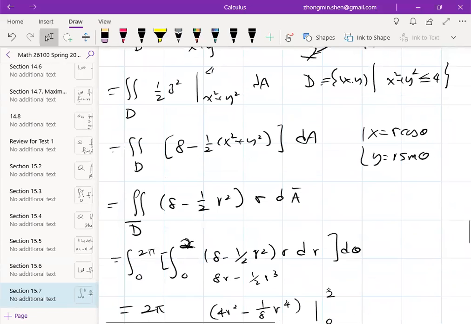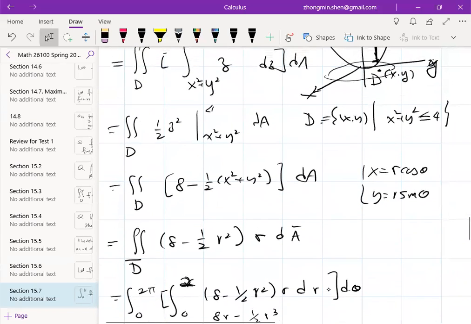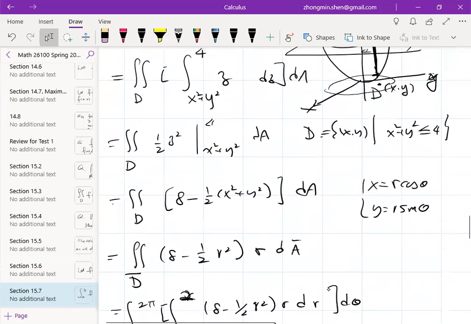I saw the mistake. All right. When I put, because z is between x squared plus y squared, and to the right, I should put a square here. Okay.